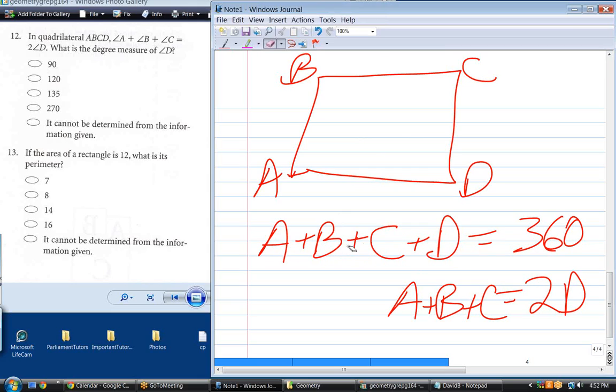We got A plus B plus C plus D equals 360. We know that has to be true. And they tell us that A plus B plus C equals 2D. So let's substitute here to solve this thing. There's the A plus B plus C. What can I write in there?